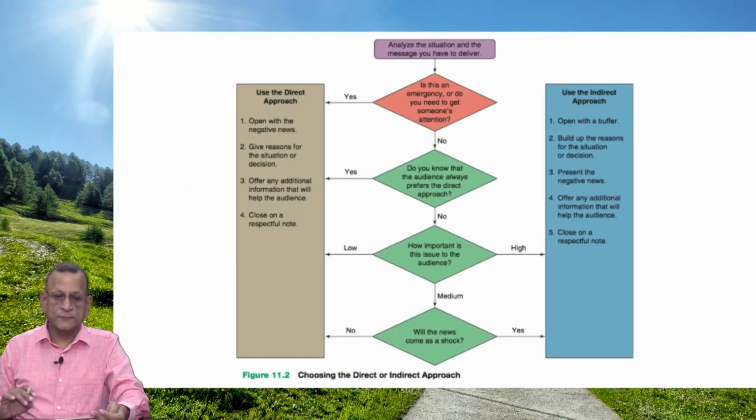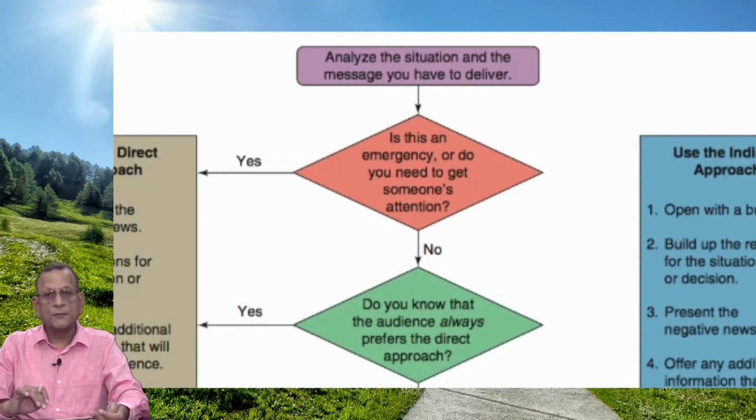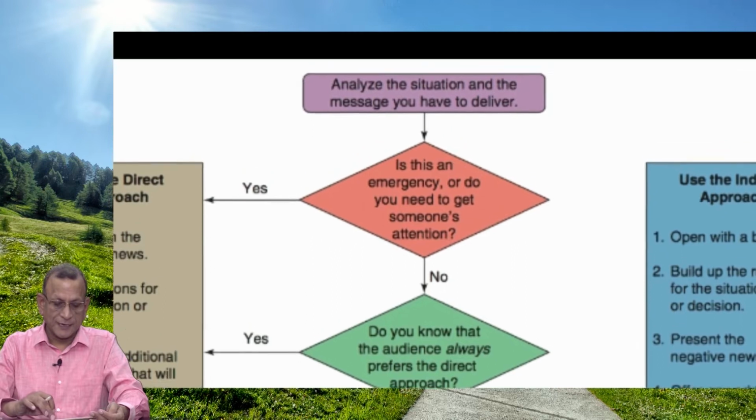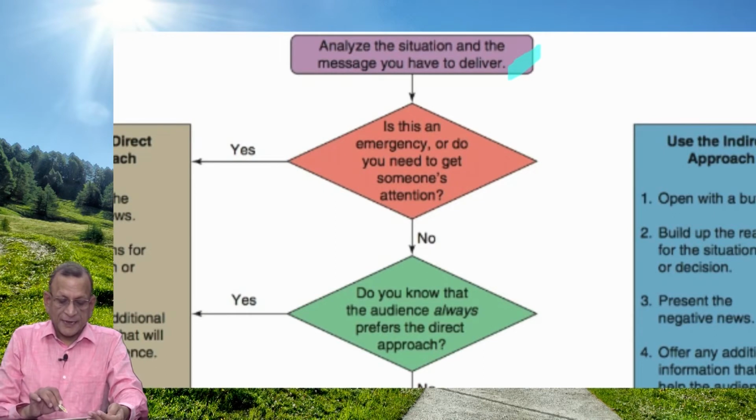We have this flow chart with the help of which we will be in a position to understand how we can go for a direct or indirect approach. So with the help of this flow chart, we will be in a position to see which approach is most appropriate. So you have one situation, analyze the situation and message you have to deliver. First of all, is this an emergency or do you need to get someone's attention?